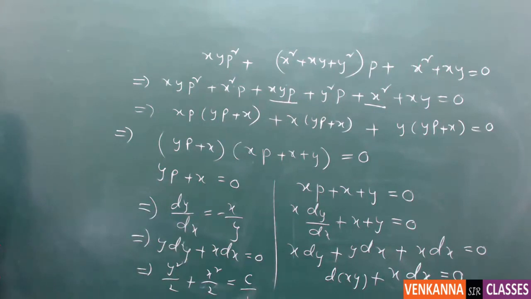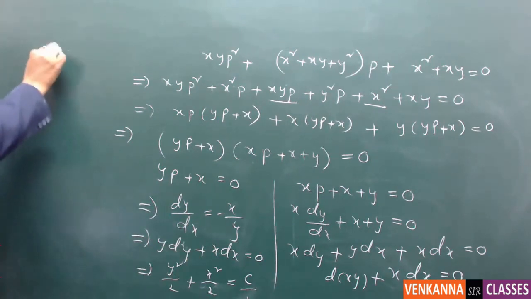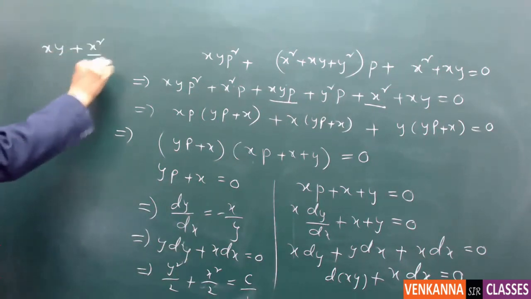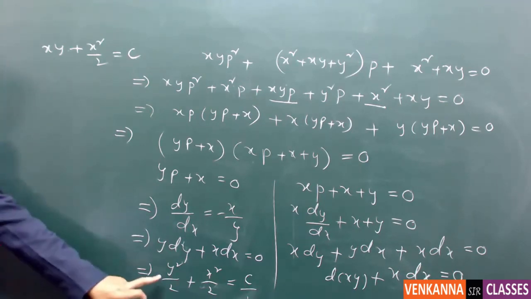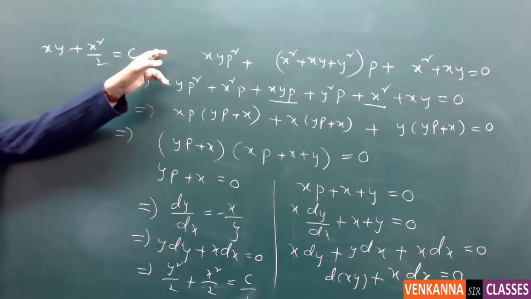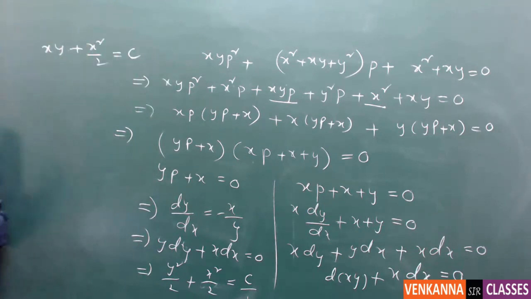So on doing integration, the result is xy plus x square by 2 is equal to c. Accepted? Right. So writing this and this solution as a product together, we will get the final general solution. So please take a note of that.